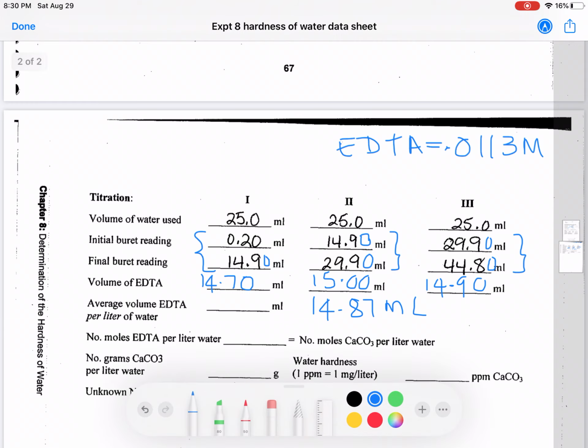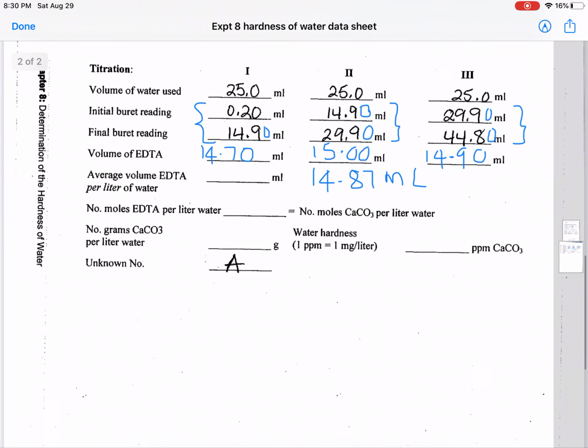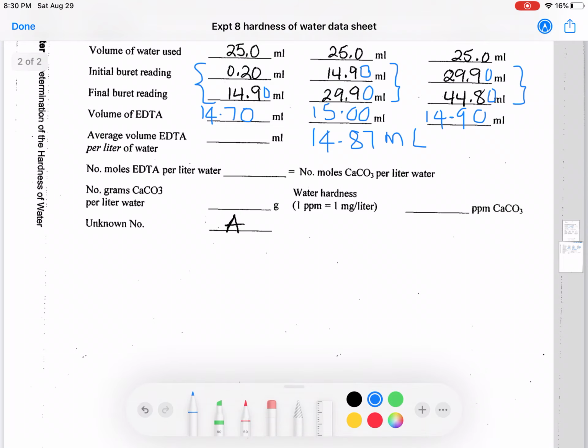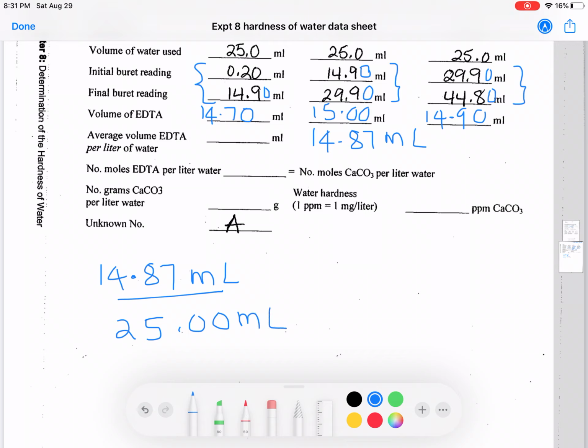So to find that, you have your 14.87 milliliters, which is for 25.00 milliliters of calcium.